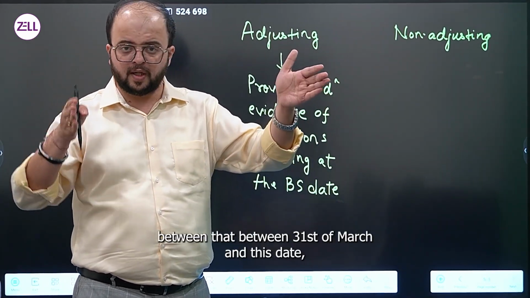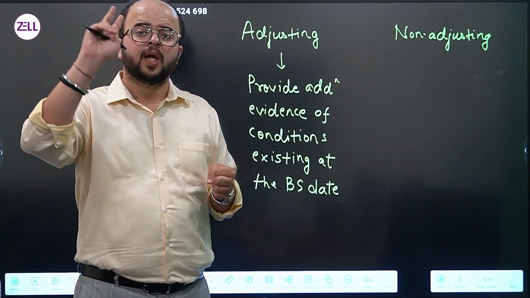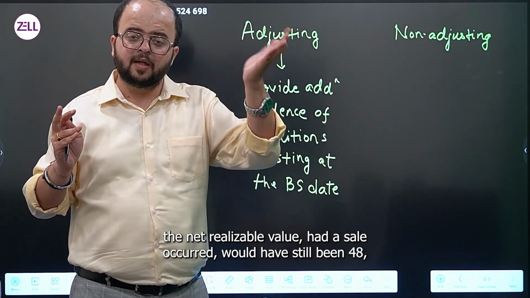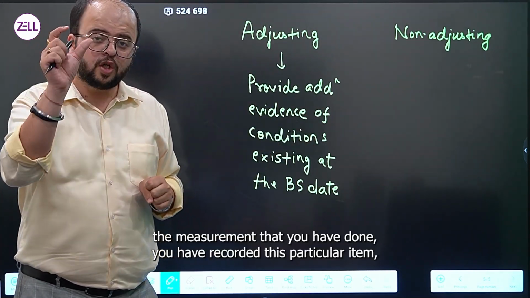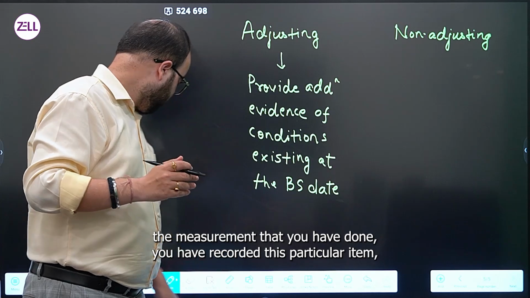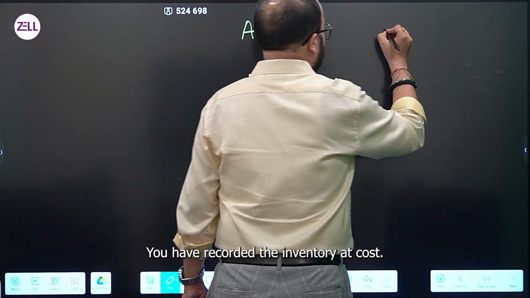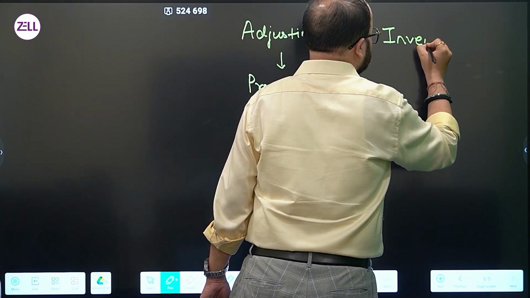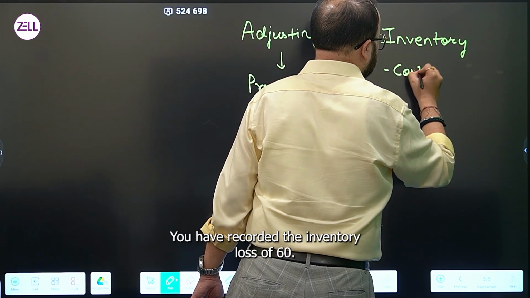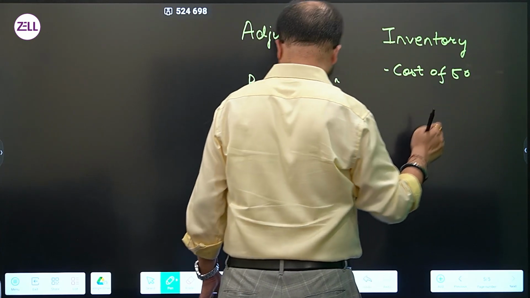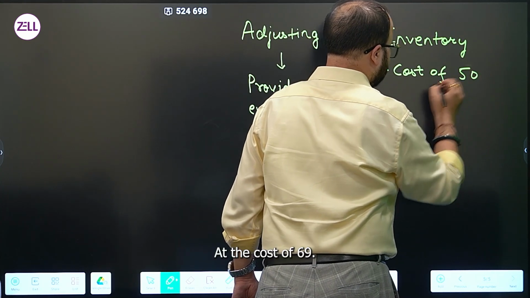Now, if the NRV is 48 on 3rd of April, and no other sale transaction has taken place between 31st of March and this date, then it is quite understandable that even on 31st of March, the net realizable value, had a sale occurred, would have still been 48. Which means the accounting that you have done, you have recorded this particular inventory at cost of 50.